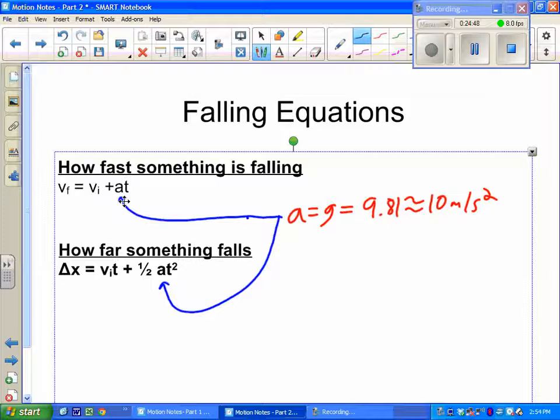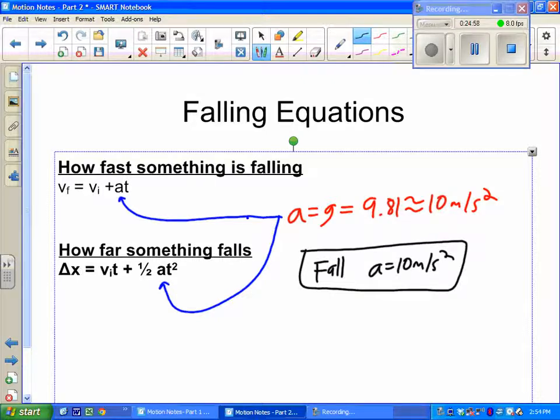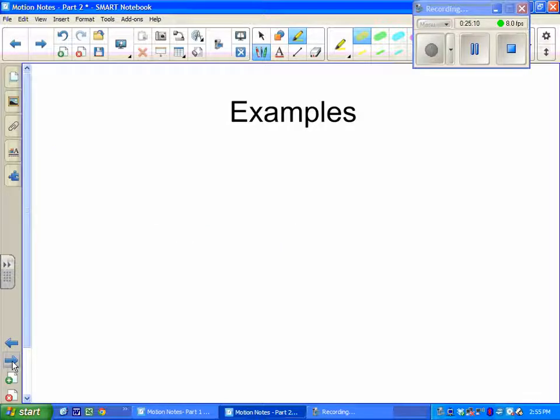So if you see the keyword fall, you know A equals 10. That is something very important that we need to look for in our word problems. If we see that, we need to write it down: A equals 10 if something is falling. So that's what gravity speeds it up at. So let's look at some examples.